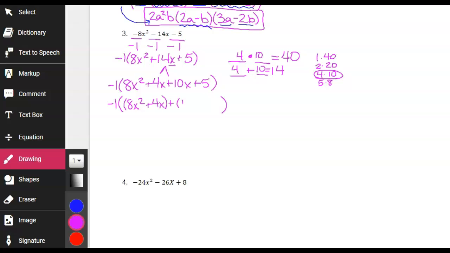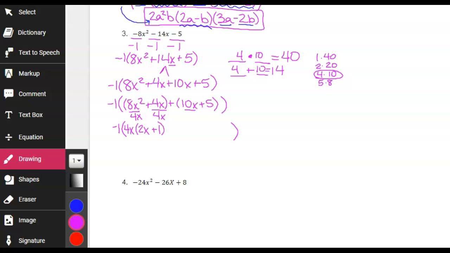The second group is 10x plus 5. In the first group, I can take out a 4 and an x. So that leaves me with 4x out in the front and 2x plus 1 left over.